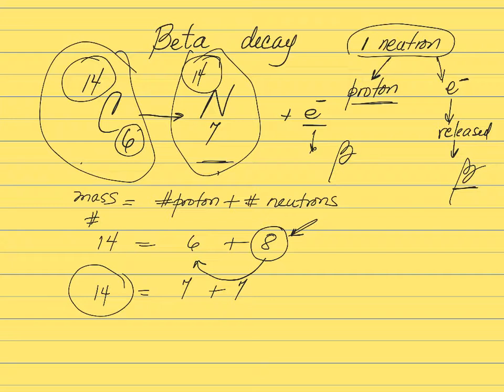And what happens during beta decay? One of the extra neutrons becomes a proton, increasing the atomic number and releasing one electron with a lot of energy. Questions about that? No? Okay.